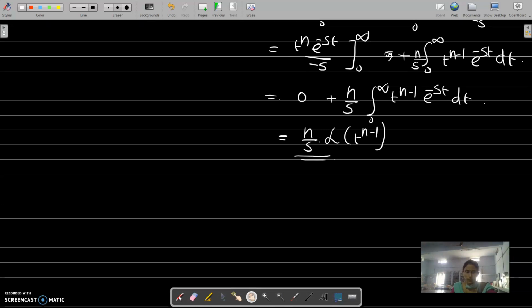Similarly, what will be the Laplace transform of t raised to n minus 1?